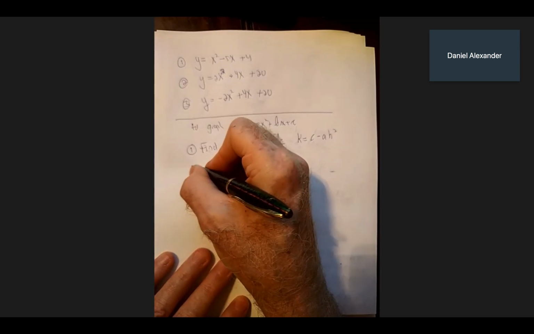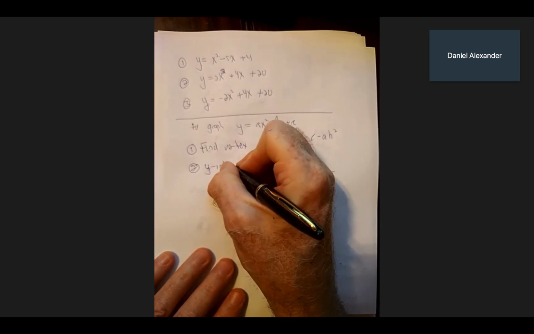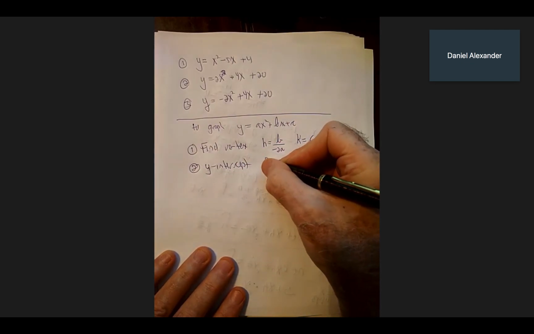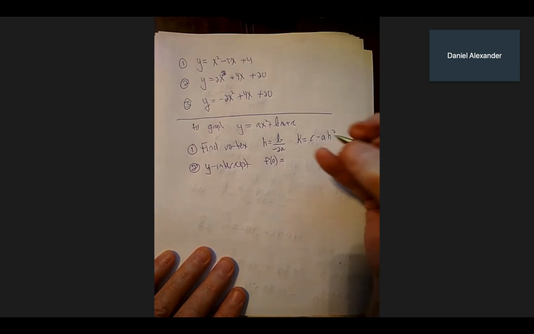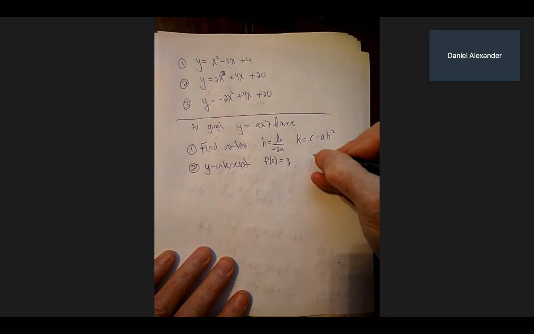The second thing you want to do is find the y-intercept. You do that by plugging in 0. Let's say f(0) equals, making up a letter, g, then the y-intercept would be (0, g).